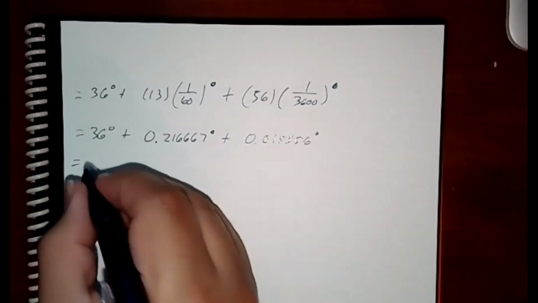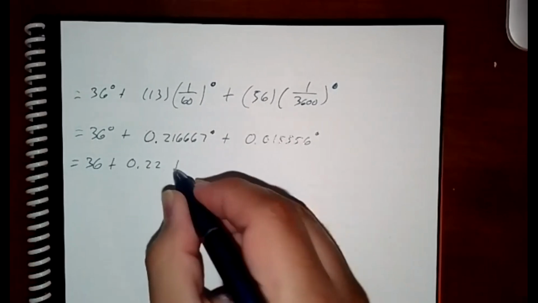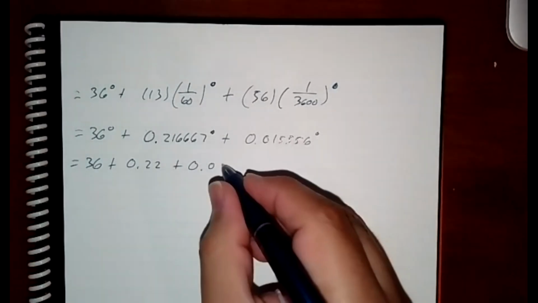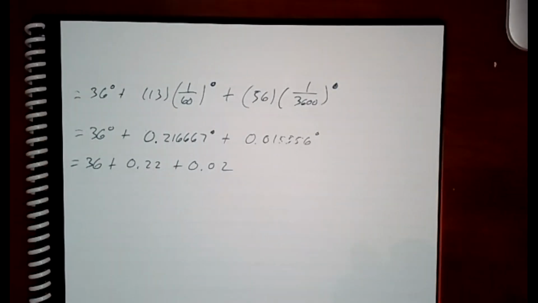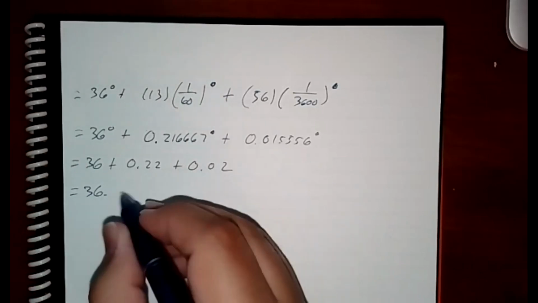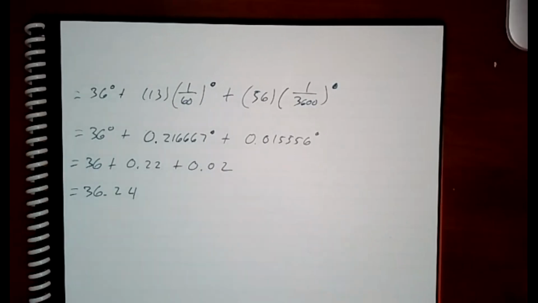So if I round to 2 decimal places, this would be 0.22 plus 0.02, right? So it should be about 36.24-ish. Okay.